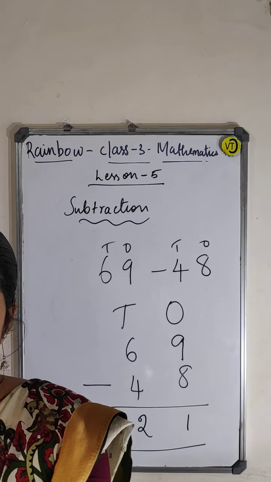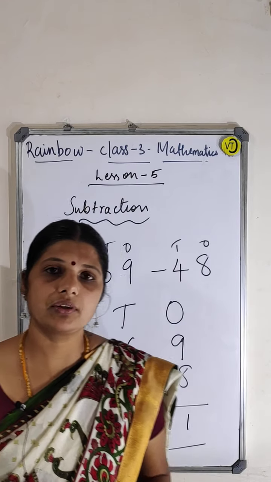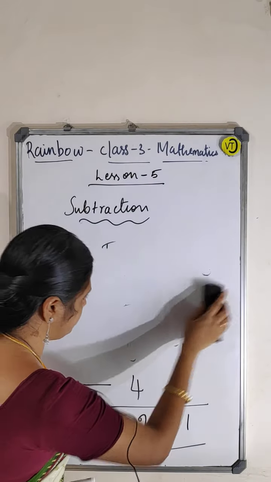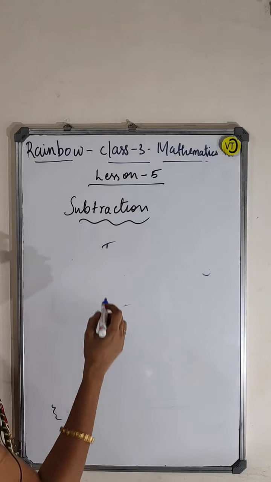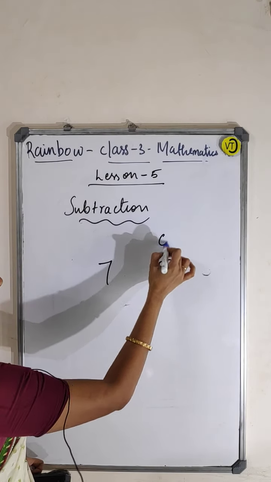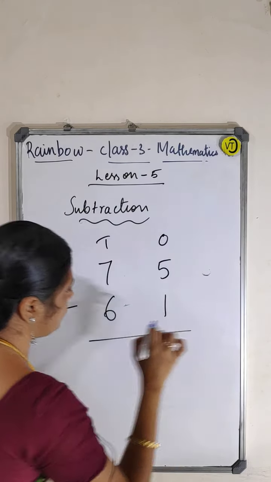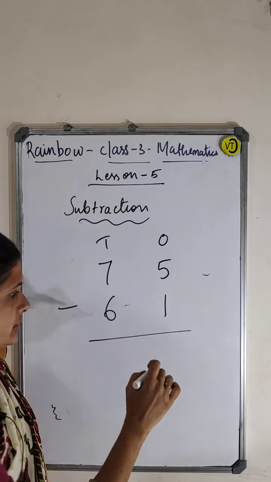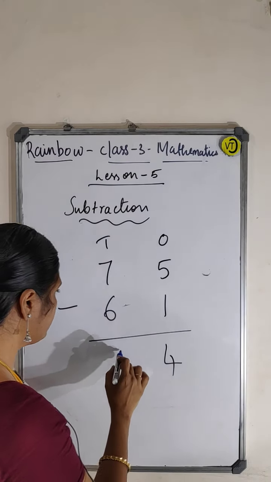The next thing: one more example without regrouping. Subtract 61 from 75. 5 ones minus 1 one is 4 ones. 7 tens minus 6 tens is 1 ten.